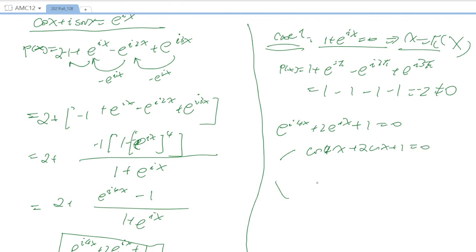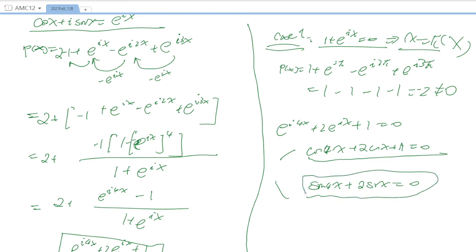The second one is sine 4x plus 2 sine x equals 0. This one is more homogeneous, easier and more friendly to solve. Let's call this one 1 and this one 2, and solve 2 first.